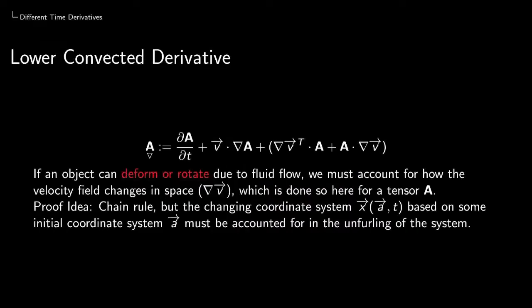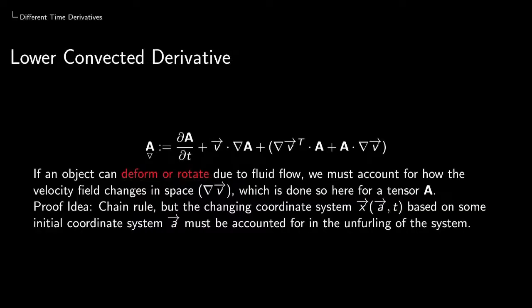Similarly, there is the lower convected derivative, where instead of just things moving about in space, we have that velocity dot gradient a term again. We also have a coordinate system which can deform and rotate due to the fluid flow itself. So we have to account for how the velocity field changes in space, which is done with the tensor A. I don't show the entire proof, but the idea is that the coordinate system x is based on some initial coordinate system A, which also changes in time.